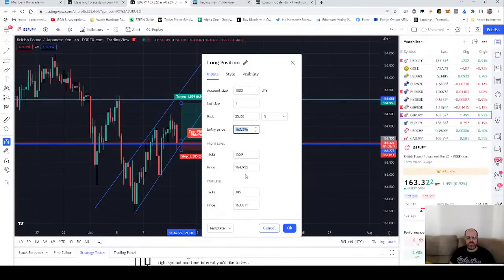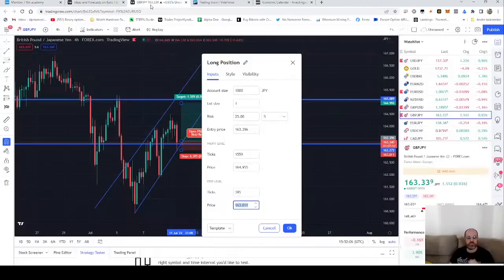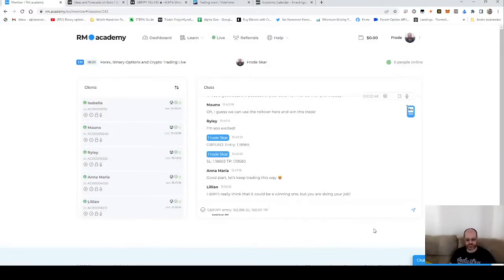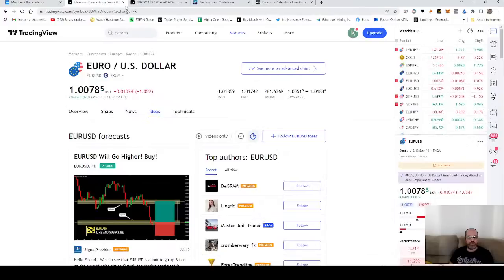Let's see, we take a stop loss on this level. Stop loss. Like that. Right. There. And take profit on this one. There. So that's one other trade for you right now on the 4 hour.